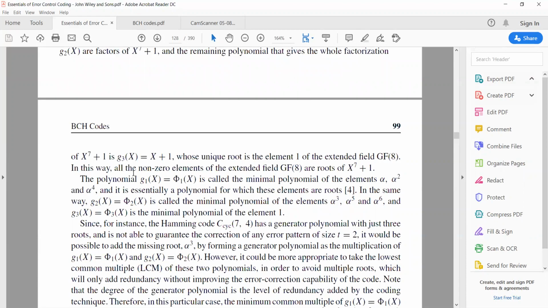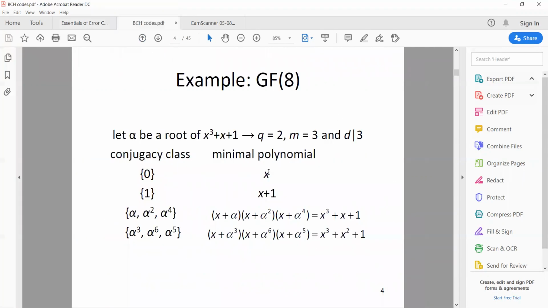Okay, in this way, all the non-zero elements of the extended field are the roots of x to the power 7 plus 1. It is the same concept: for x, the root is 0, and when I'm considering x plus 1, the root is 1, and these are the corresponding roots. Okay, and these are the possible polynomials.